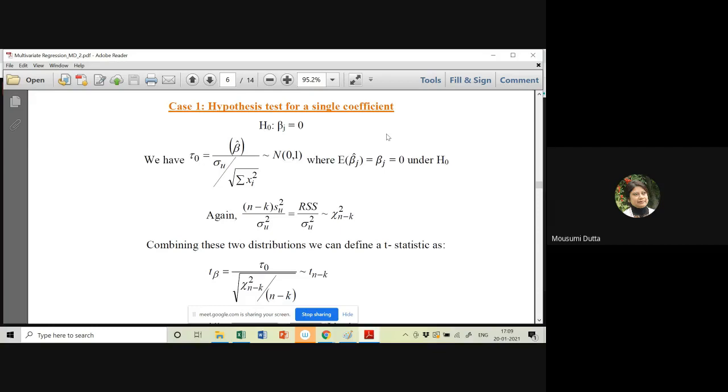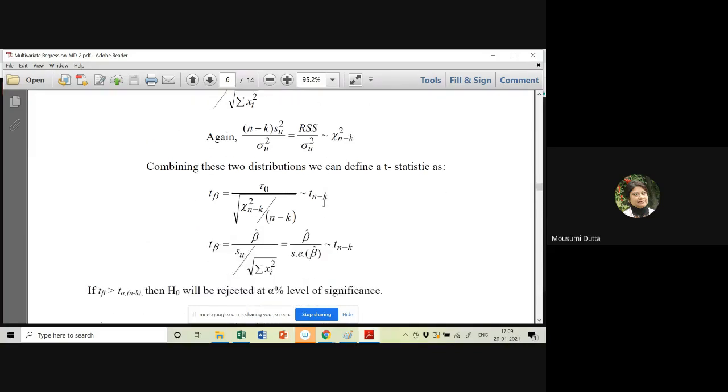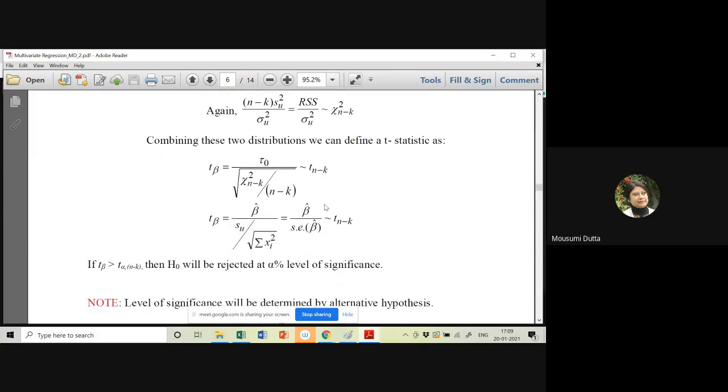So we will keep alpha in the statistic. And if we consider the not equal to 0 case, that is the two tail test, in that case the rejection area will be evenly distributed at two tails of the distribution. So we have to consider alpha by 2, t alpha by 2, n minus k.